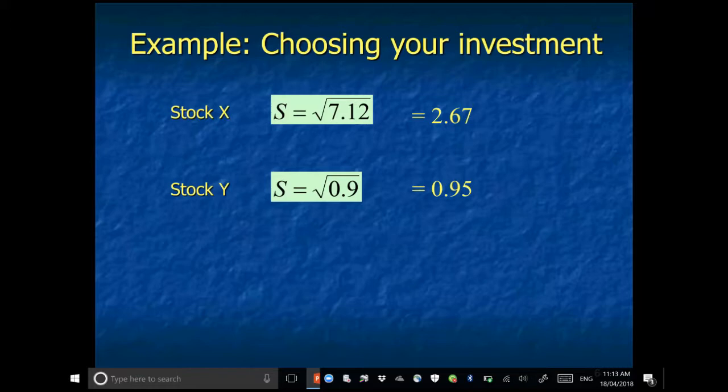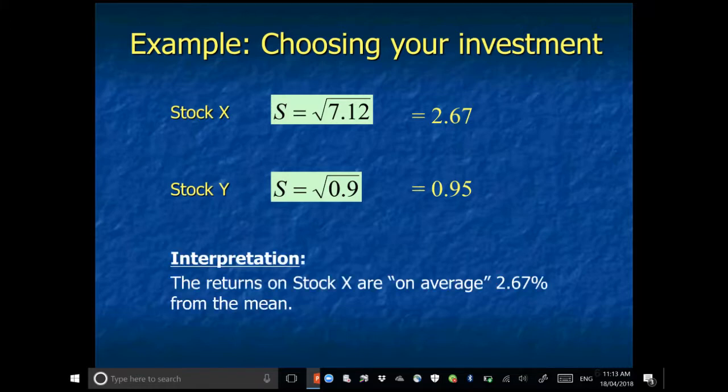So for example, the original data give you returns in percentages. Standard deviation also gives you a sense of the dispersion in terms of percentage. For example, stock X has a standard deviation of 2.67%, while stock Y has a standard deviation of 0.95%. So obviously, stock Y has a lower dispersion than stock X and can be seen as less risky.